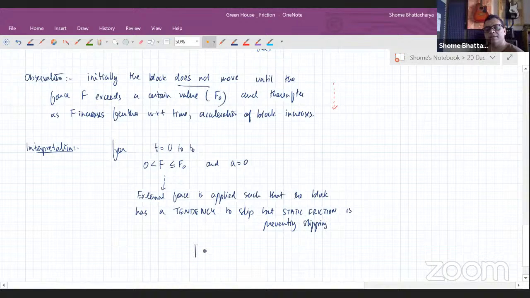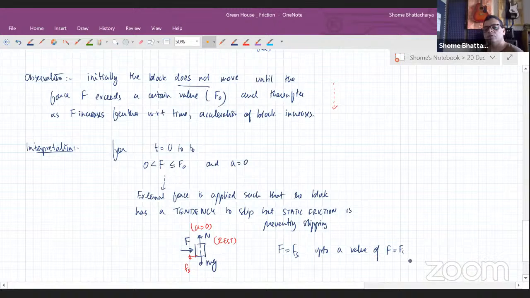In that situation, the free body diagram is looking like this. The acceleration of the block is 0. The block is at rest, it is not slipping. So that means F is equal to static friction, but up to a value of F equal to F naught.